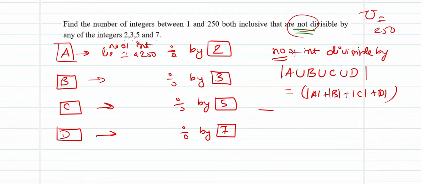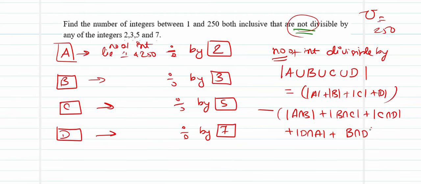So that will include A intersection B, B intersection C, C intersection D, D intersection A, and furthermore I can go with B intersection D. Furthermore I will go with C intersection A.